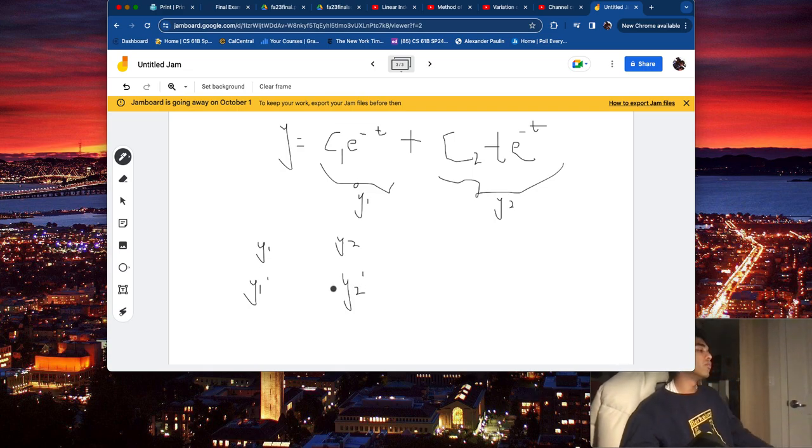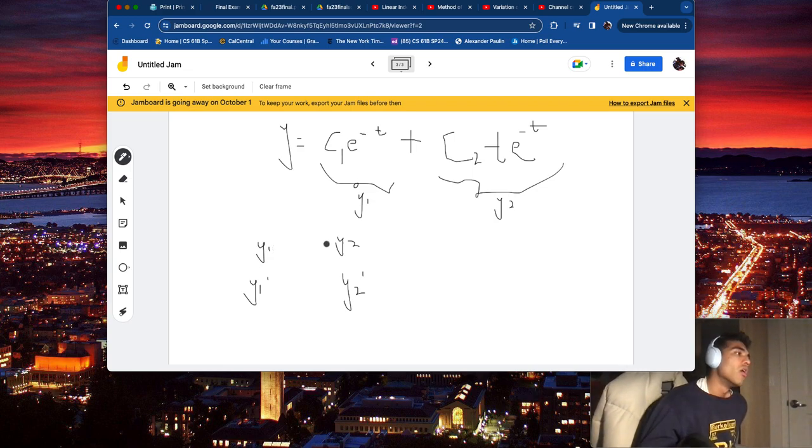The reason I'm doing this is because if you differentiate y1 and get y1 dash, and differentiate y2 and get y2 dash, if y2 is a linear combination of y1, when you differentiate it, it's still going to be in the form of y1, right?